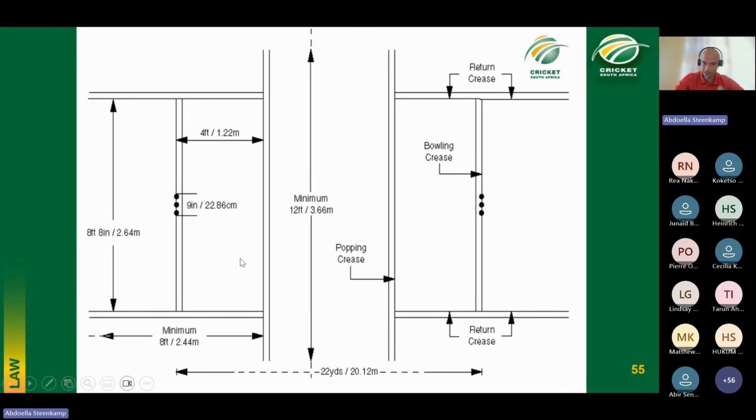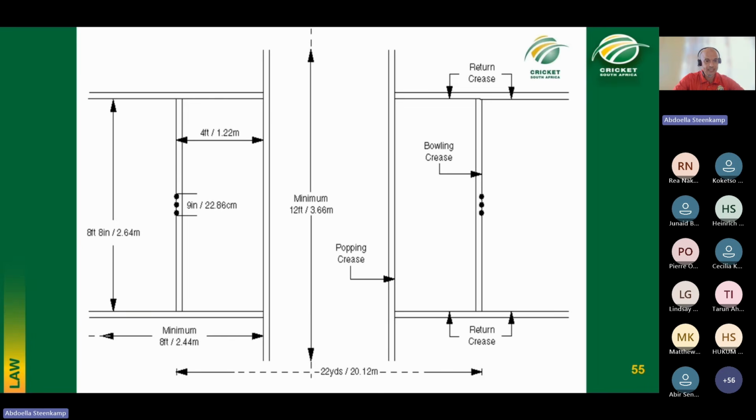So again, to recap the measurements: minimum length of our popping crease, 3.66 meters. Minimum length of our two return creases, 2.44 meters.